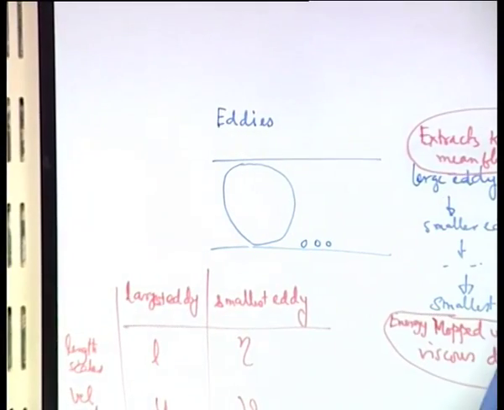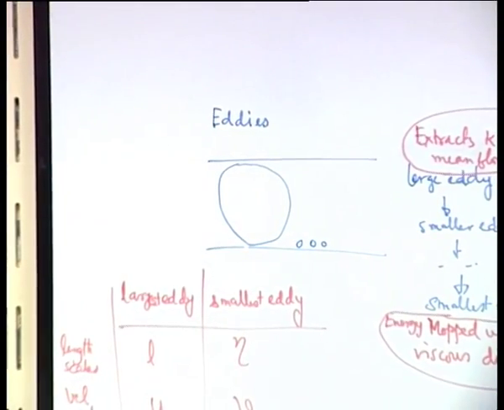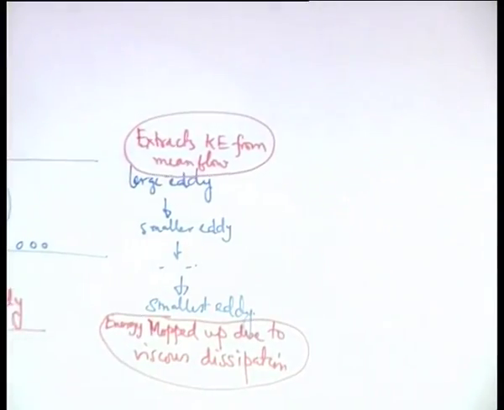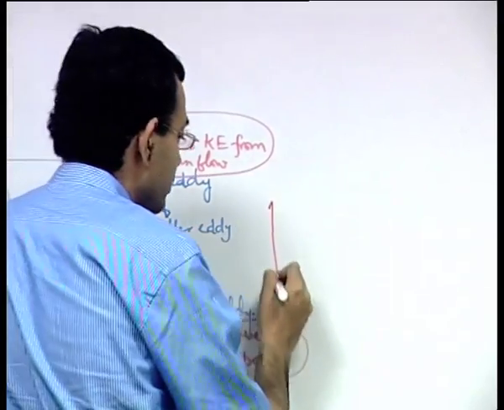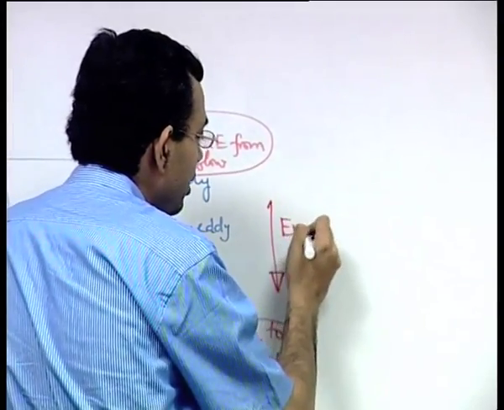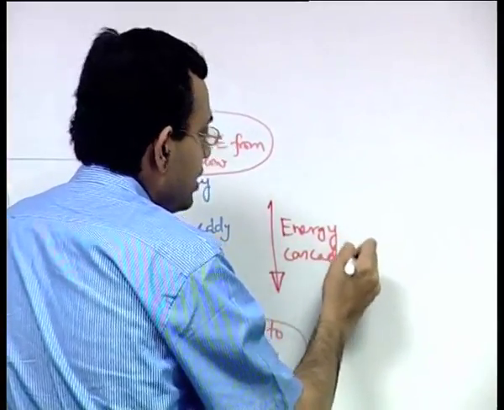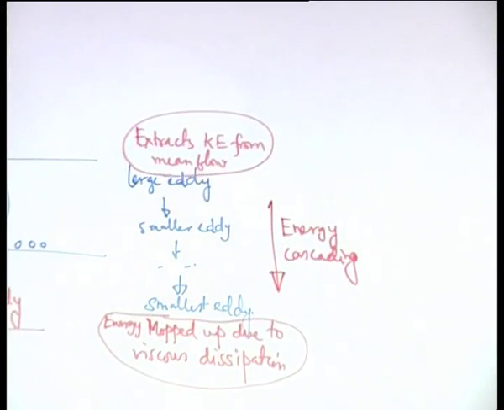Now, this behavior is known as energy cascading, that is, how the energy is cascaded down from the largest to the smallest eddies.